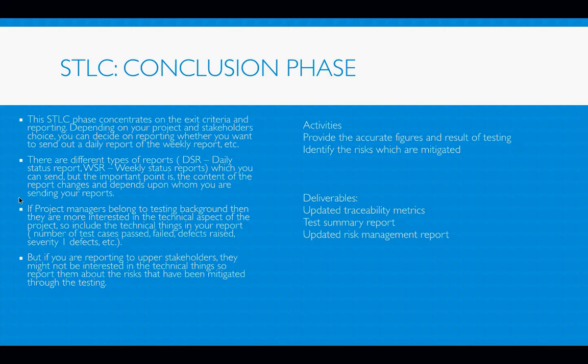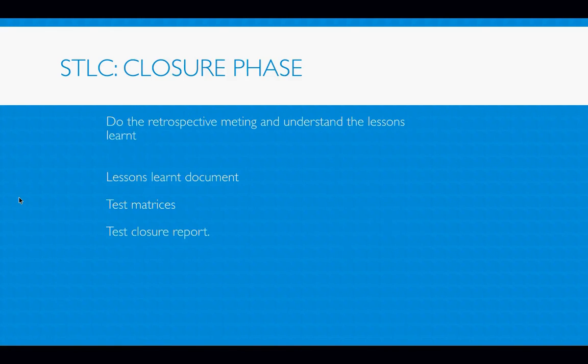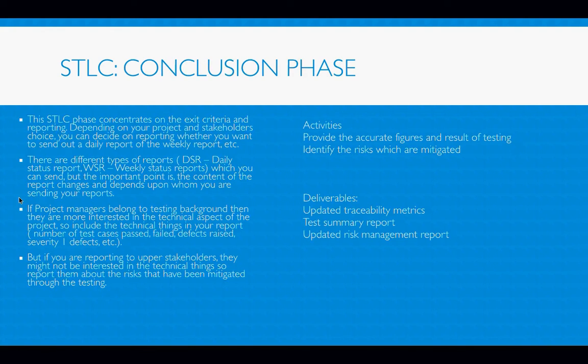So, on the conclusion phase, what you would do is tidy up your test, provide figures and results, and report to all the stakeholders on what you have done. Like I said, in some cases the closure phase and the conclusion phase can be merged into one.